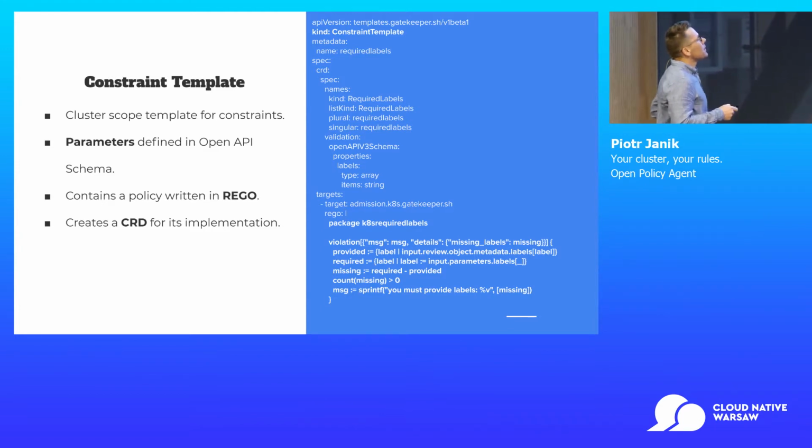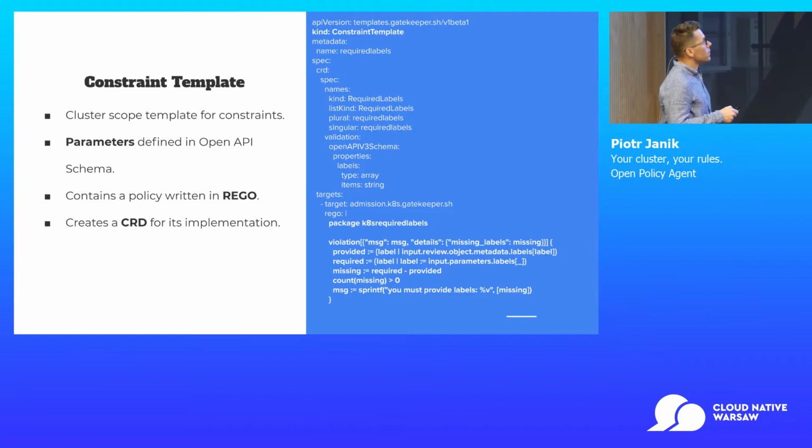So here is our input.review object that comes from webhooks, and this is the object. In our case, it would be a deployment, and we check the labels. This line in Rego means that we will aggregate all label keys, not values, because we are not checking values, only keys.